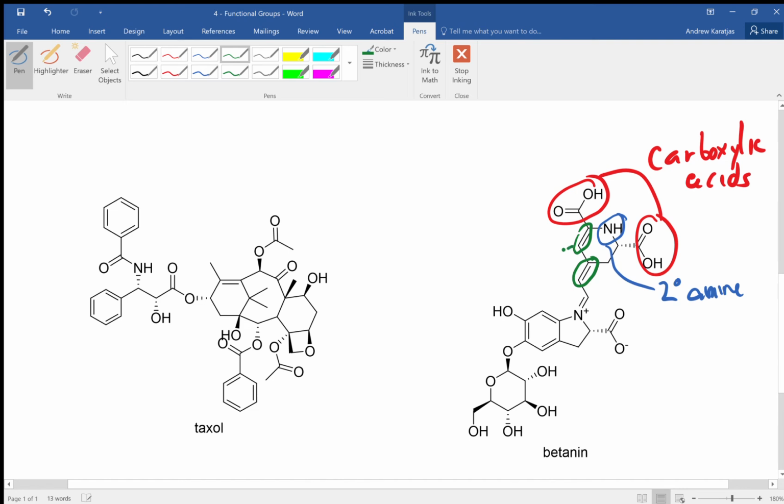And here, we have alkenes. These two groups here, the nitrogen with the charge and the oxygen with the charge, we're going to ignore those. Those are functional groups we haven't gotten into at this point.